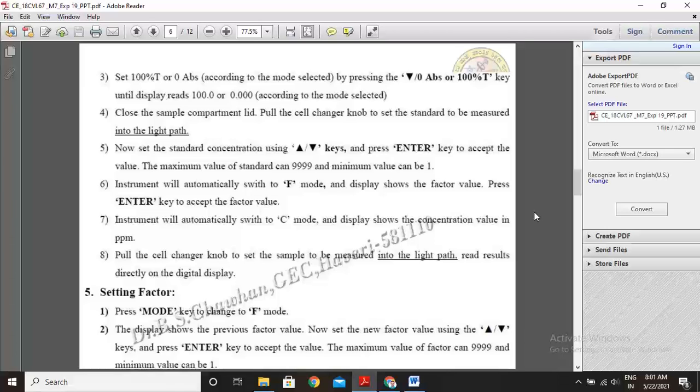Then next step, the display shows the previous factor value. Now set the new factor value using the increasing or decreasing key and press the enter key to accept the value. The maximum value of factor can be 4/9 and the minimum value can be 1. So this is the procedure for setting the factor value.